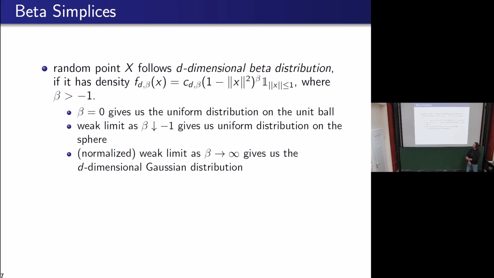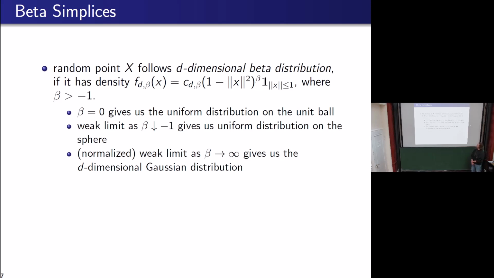And it's not just the special cases that make this density interesting, it also appeared in the work of Zakhar, Christoph, and Anna. They have published a series of papers on the beta-Delaunay tessellation, which is a generalization of the Poisson-Delaunay tessellation.